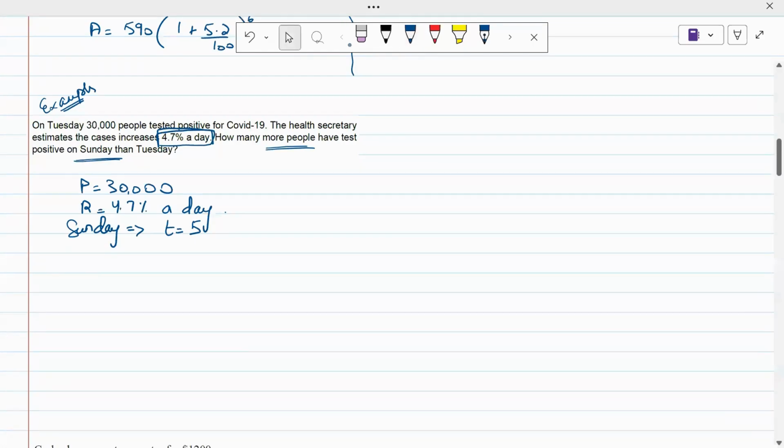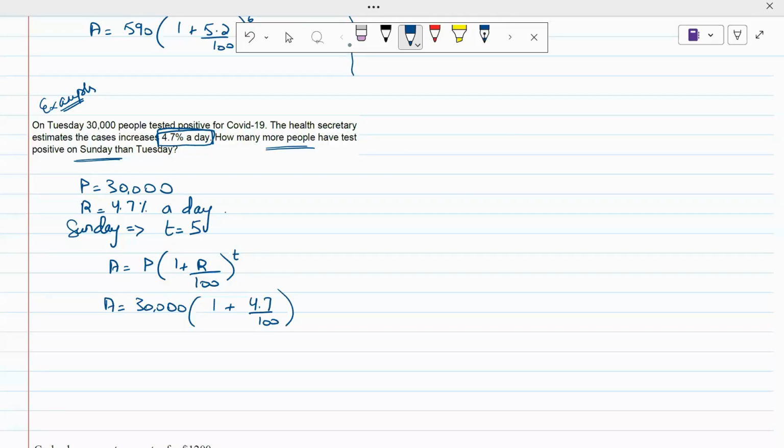Using the formula, A is equal to P into 1 plus R upon 100, whole power T. A is the increased value because patients are increasing. Initially it was 30,000, the rate is 4.7 upon 100, and the time is 5 days.